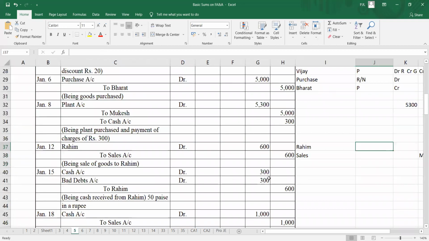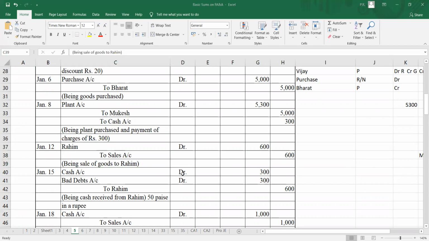Now over here, Rahim is the receiver of benefit. So I'll say debit the receiver of benefit. Sales is a real account or a nominal account. In sales, goods go out. So debit what comes in, credit what goes out. So I'll say credit sales account. So the entry becomes over here, Rahim account debit to sales. Being sale of goods to Rahim.